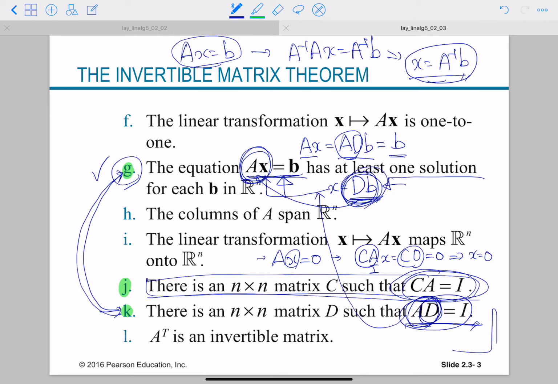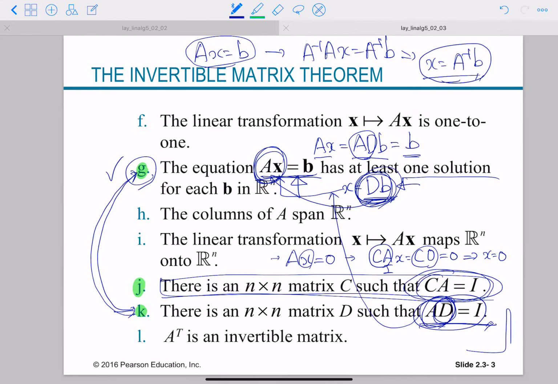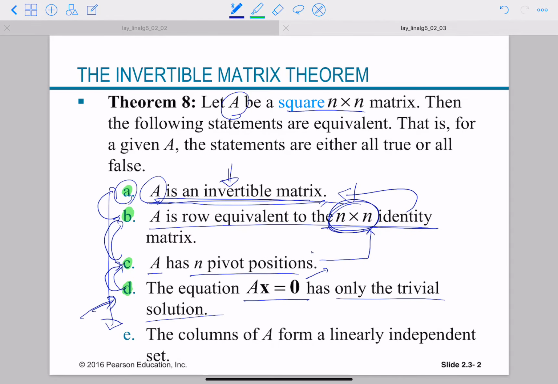Having the pivots in every row of A is equivalent to the condition that AX equals B always has a solution for any B. In that case, we still consider the square matrix, so having the pivots in every row, its corresponding reduced echelon form will be the identity matrix. Okay, so moving from G to B, we can arrive at A, right?